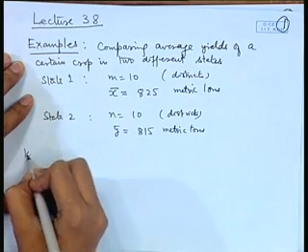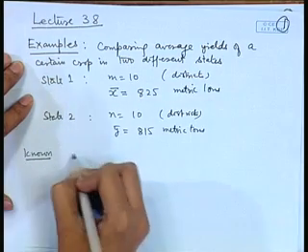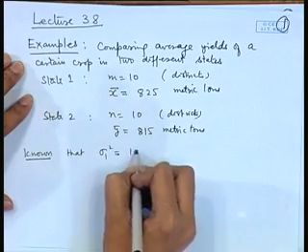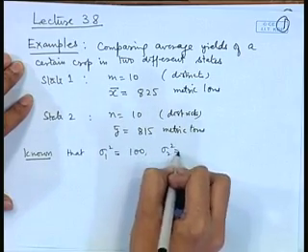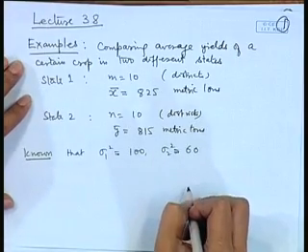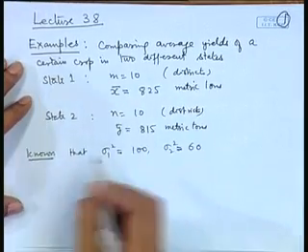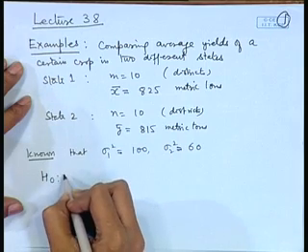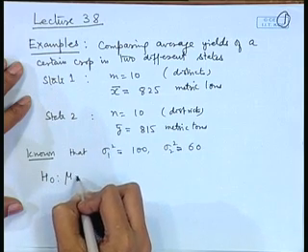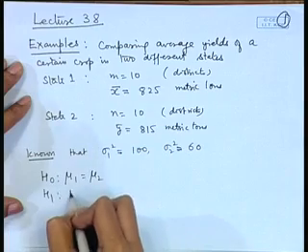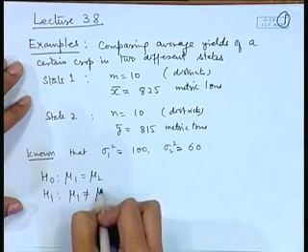It is known that sigma 1 square is equal to 100 and sigma 2 square is equal to 60. This data is known to us. So we want to test whether H naught: mu 1 is equal to mu 2 against H1: mu 1 is not equal to mu 2.